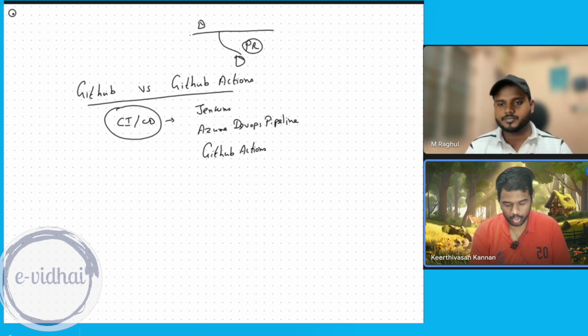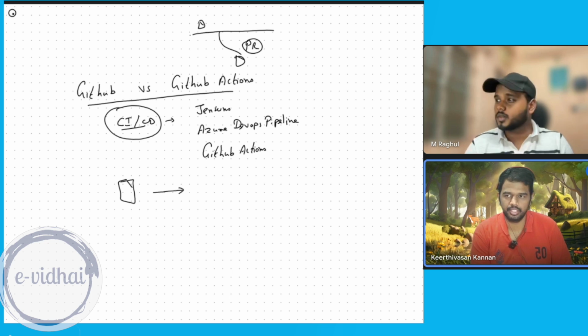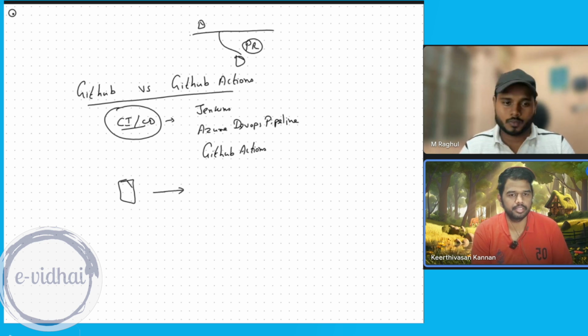Cool. So talking about that, we mentioned another terminology, which is CI/CD, continuous integration and continuous deployment or continuous development. Again, everything is going to be a file, which you mention, and then you execute the file, or you build it, and then you deploy it to some destination. It can be a cloud, it can be on-prem, or it can be a Docker image, wherever you are going to deploy.